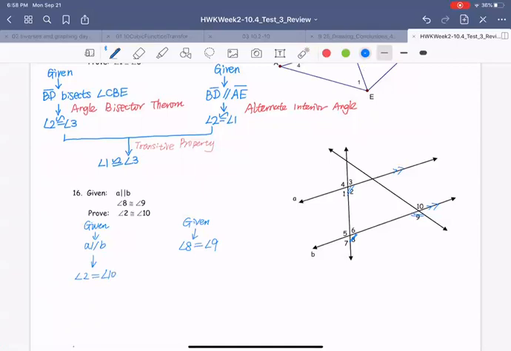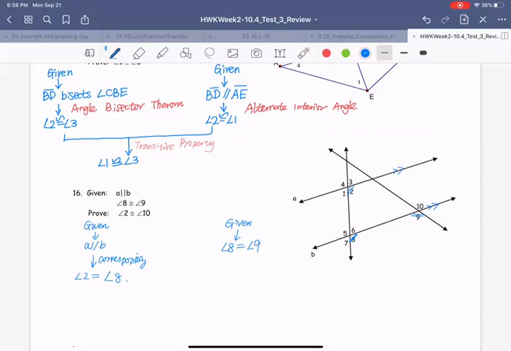Yes, corresponding. That's one. Angle 2 equals angle 8 here, not 10.